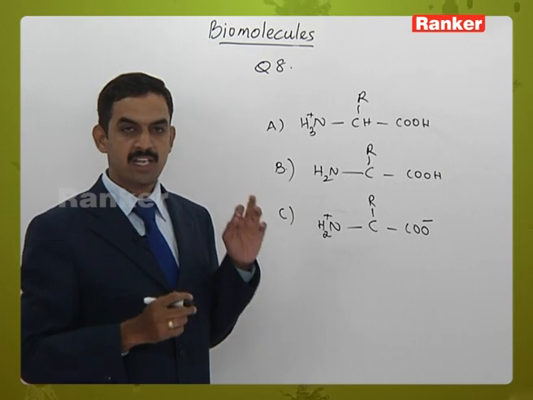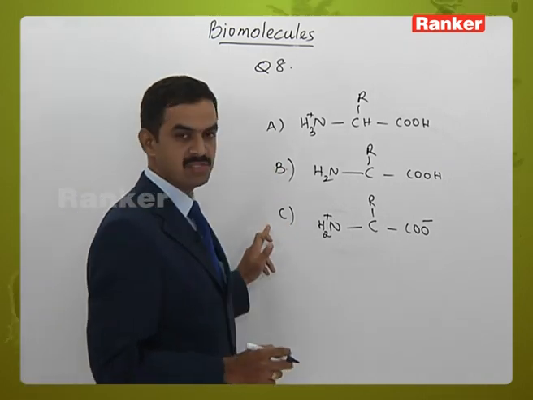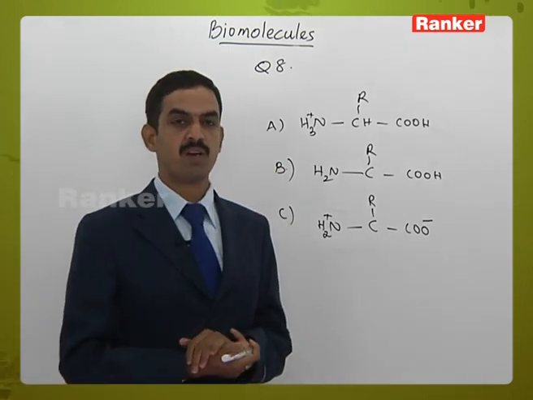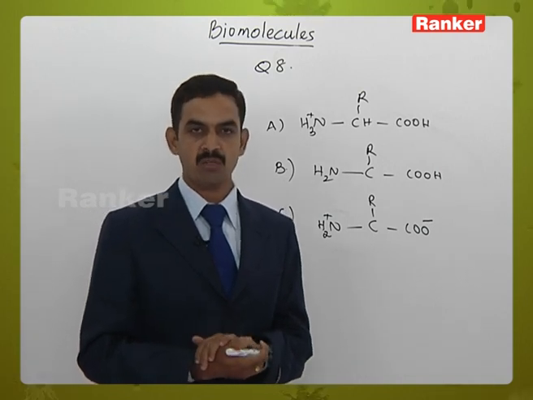So these are the 3 options, A, B, and C. From this we have to identify which one is a Zwitter ionic form of an amino acid.